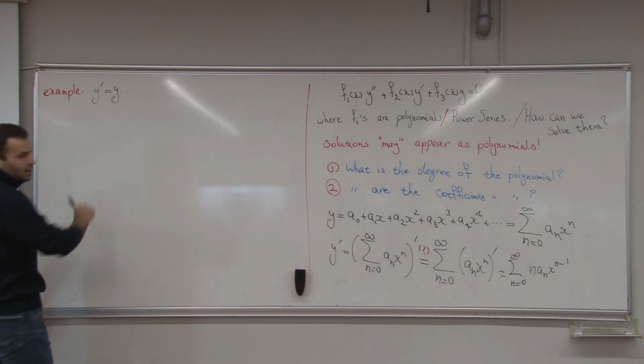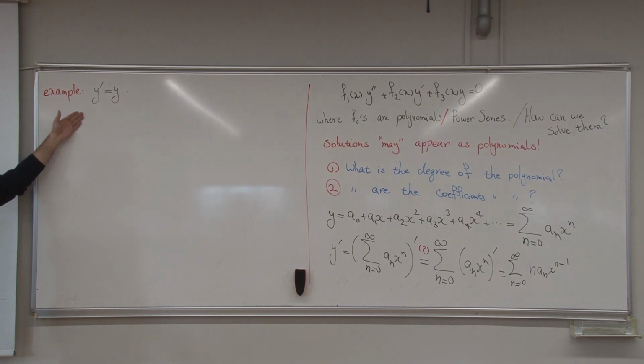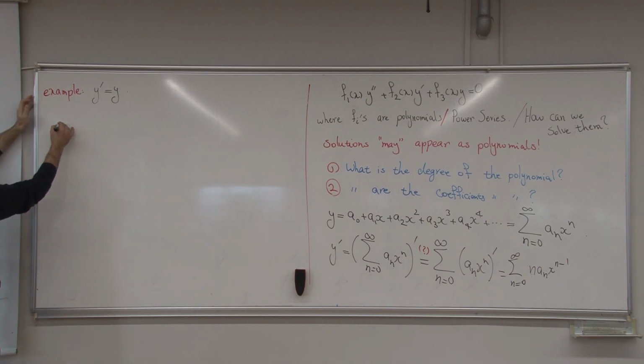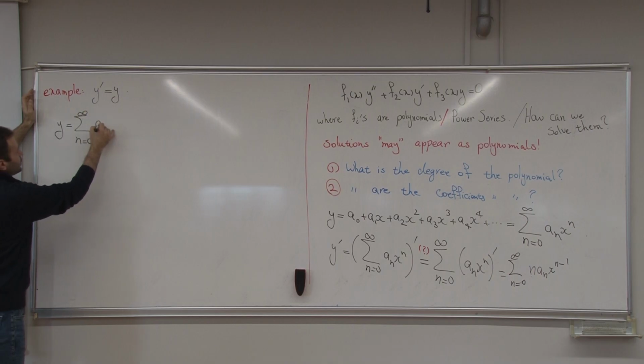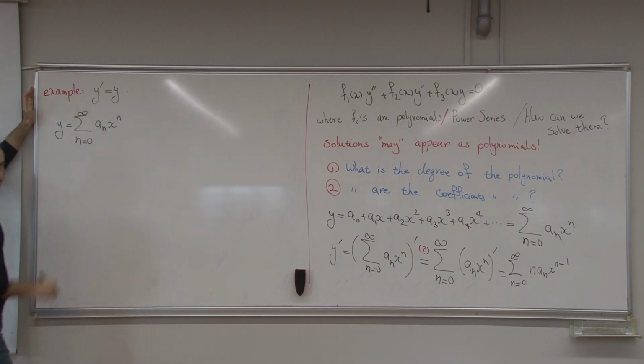Let's start with the assumption. If we are going to solve this by assuming that there is a power series solution, what is our first assumption? Our assumption is that our y is a power series which looks like this, okay? Why a power series?